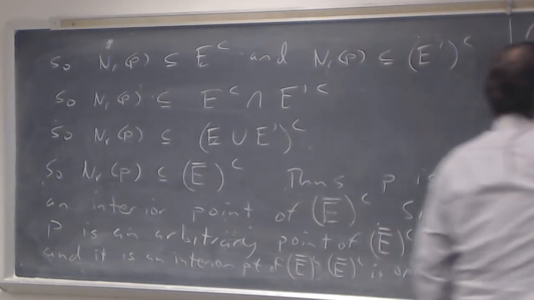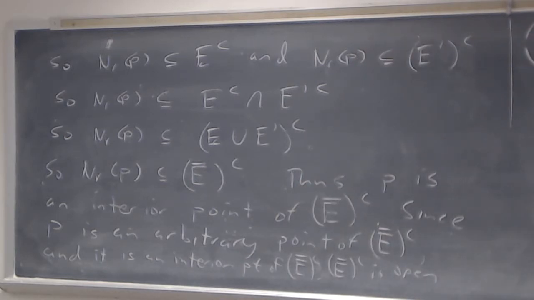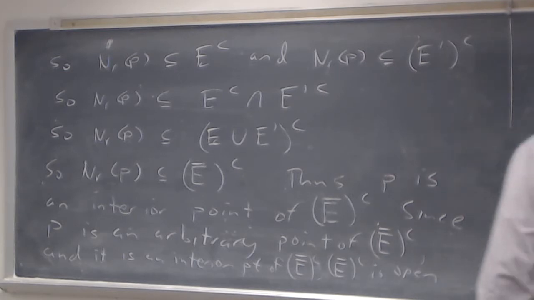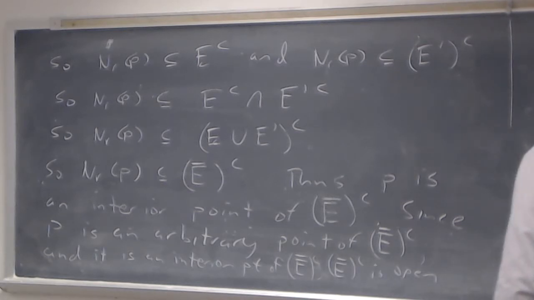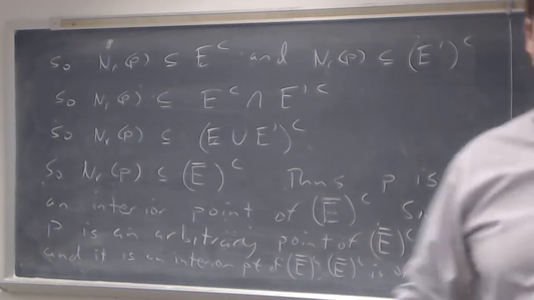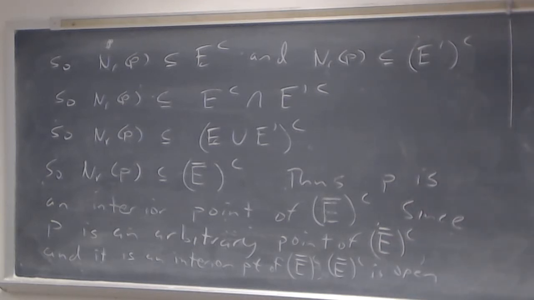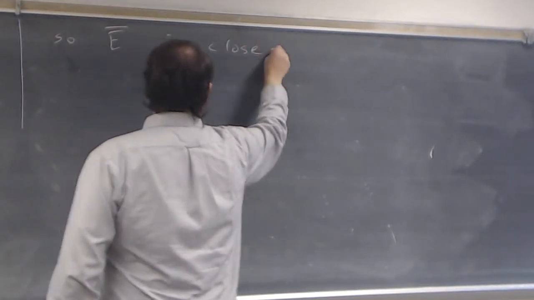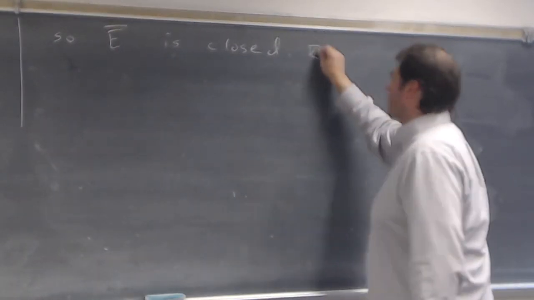And so that gives us the first result that E closure must be closed, because its complement is open. So that proves part A.